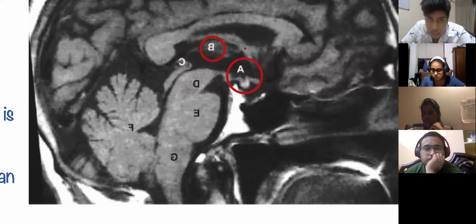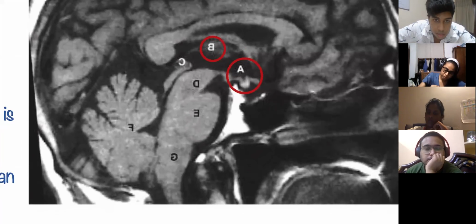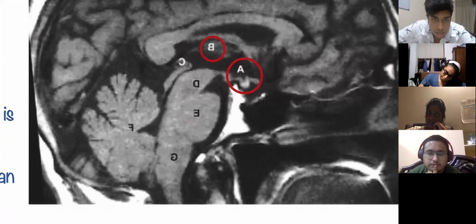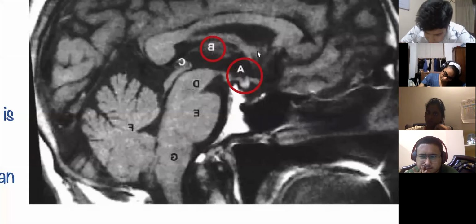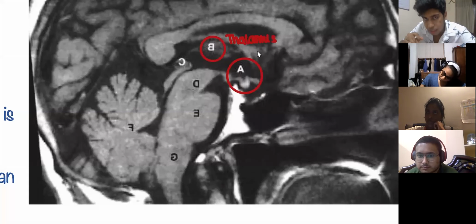Okay, this is a bit hard, but this is the thalamus. I have some questions, I'll reply to those. This is the thalamus actually. It is a bit superior to the hypothalamus.